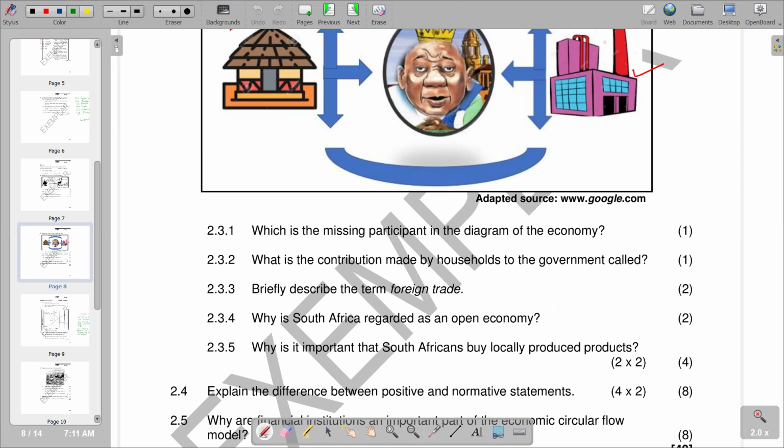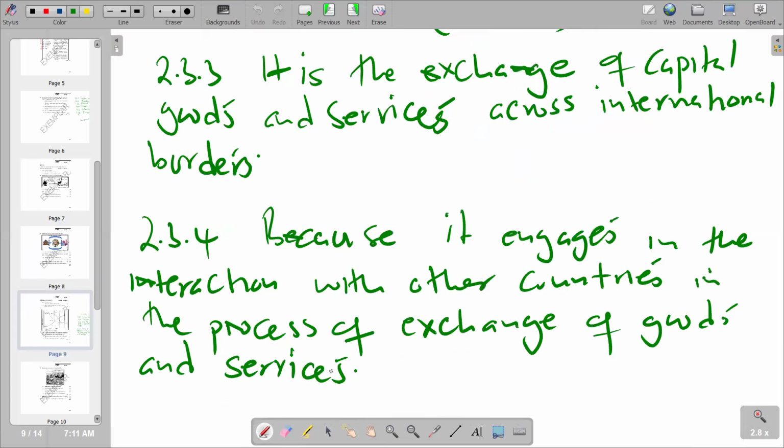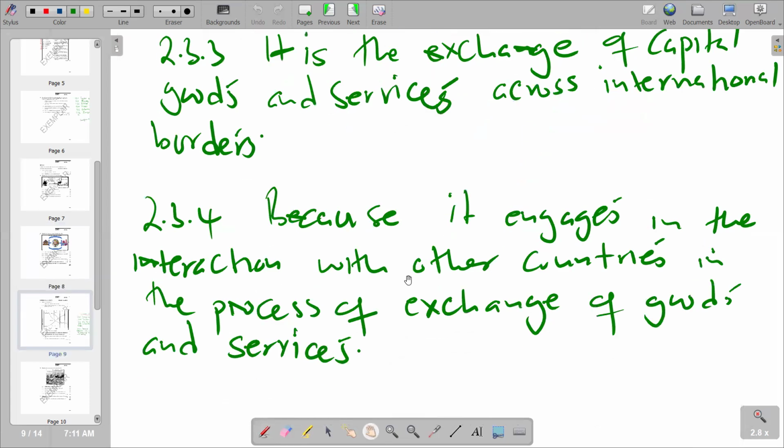So more people are going to be employed, and unemployment is going to be reduced as a macroeconomic problem. Remember, unemployment is a macroeconomic problem which has to be solved. So we are also trying to solve the macroeconomic problem of unemployment. So those are some of the benefits that we can deduce from that. So we are just trying to bring down those benefits, and now we're on 2.3.5.